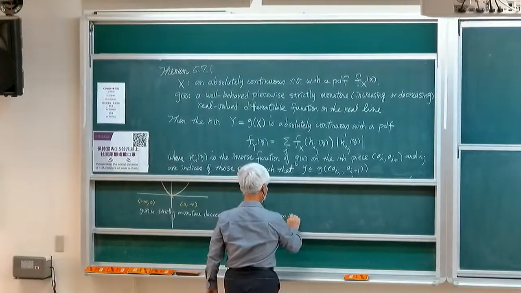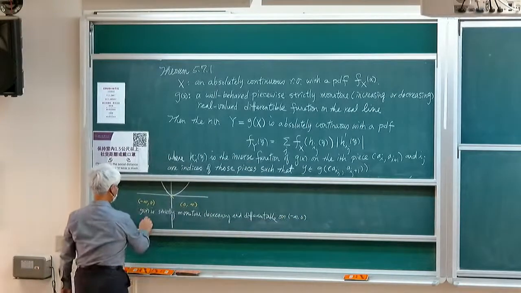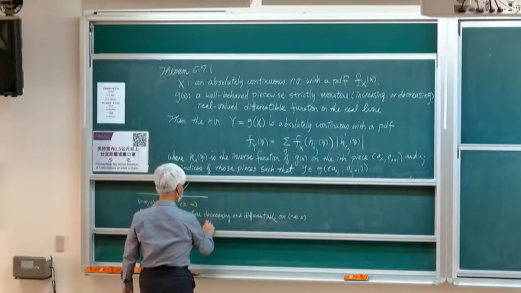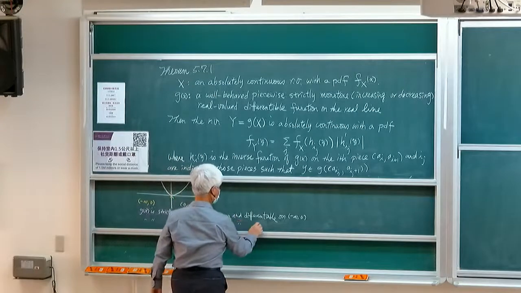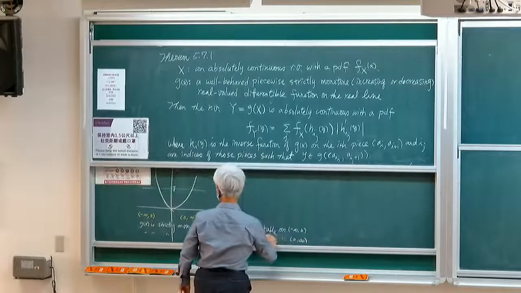on minus infinity to 0, on this piece. But g of x is strictly monotone increasing and differentiable on 0 to infinity, on another piece.